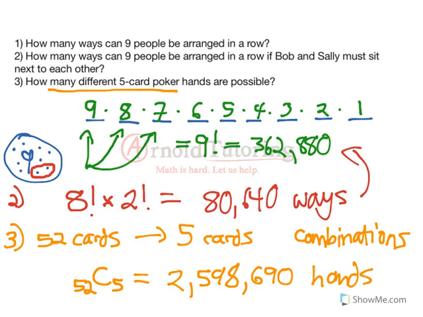So for any given hand that you end up with, there is a 1 in 2.6 million chance that you were going to get that 5-card hand, which is really crazy, which is why cards are such great instruments for teaching probability and counting, because there's so many different permutations. Again, combinations are for when order does not matter.